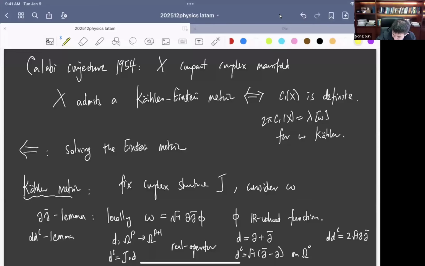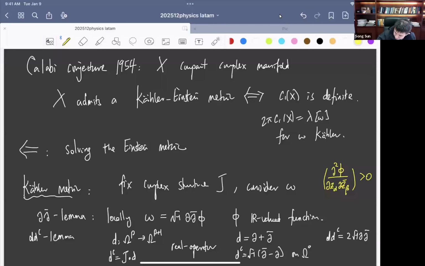That is, the complex Hessian of phi, the second derivative with respect to z_alpha and z_beta bar, has to be a positive definite matrix. If it's positive definite, then this is exactly, up to a constant multiple, the g_{alpha beta bar}. That's the matrix we get from the Kähler metric.